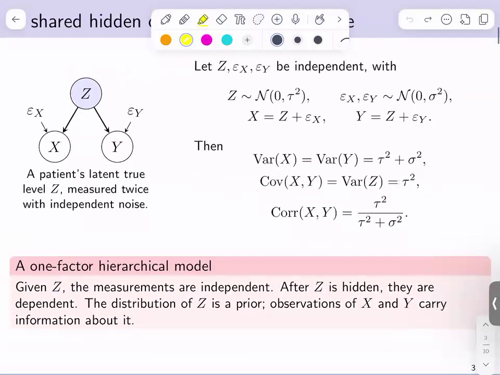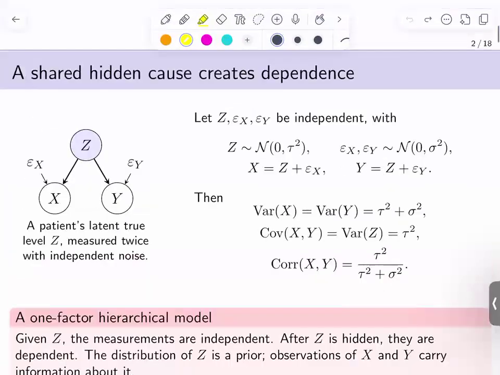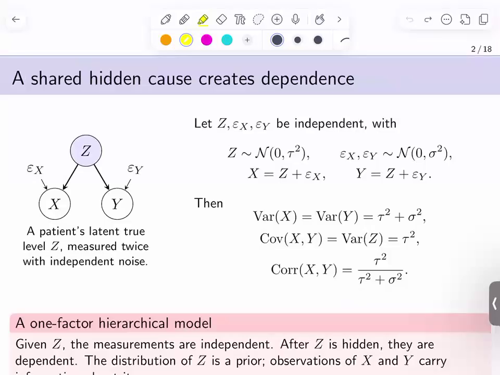Okay, so the example that I wanted to spend some time on is this shared hidden cause. So if you have, let's say, independent variables Z and then epsilon X and epsilon Y, assume that Z is a normal random variable with mean 0 and variance tau squared, and the epsilons are supposed to be noise, with 0 mean and variance sigma squared.